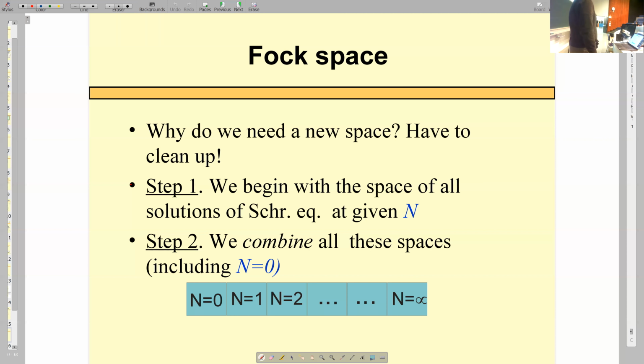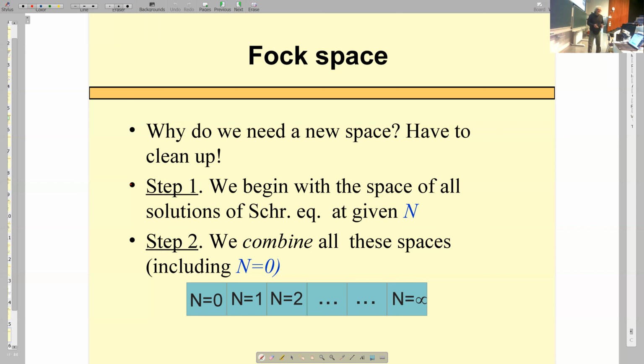Vladimir Fock was in this role, but he was not that famous. He didn't do many spectacular discoveries like the guys did, but he just made one, and we remember him from that. He has formulated the Hilbert space for identical particles.